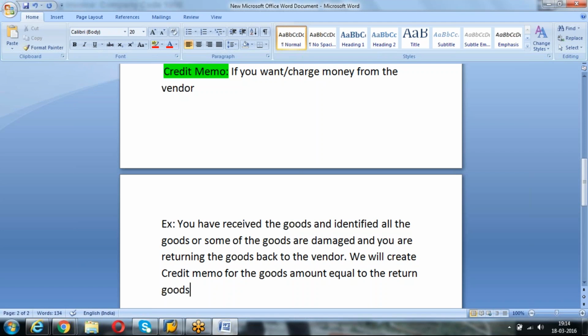Means our accounts, in those circumstances, the accounting entries will be: vendor account will get debit and with respect to GRIR will get credit. Okay.